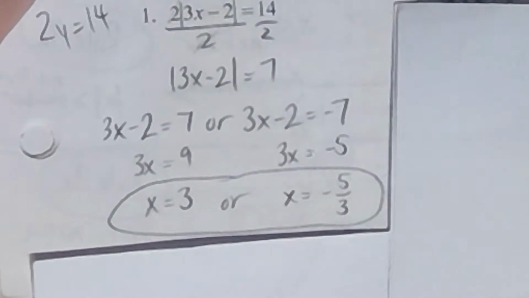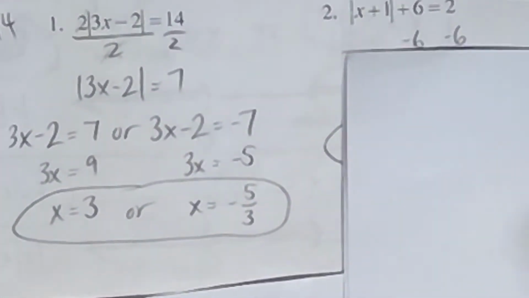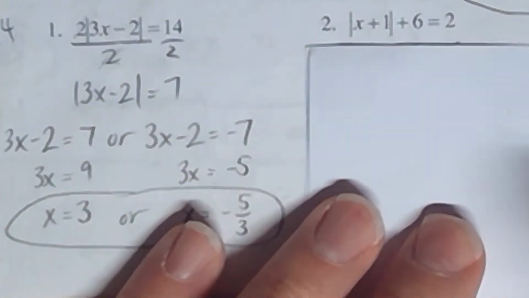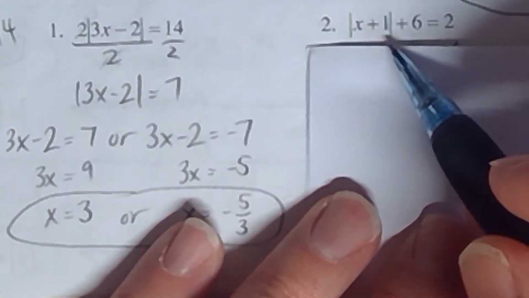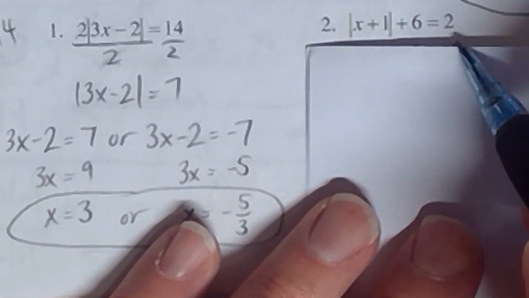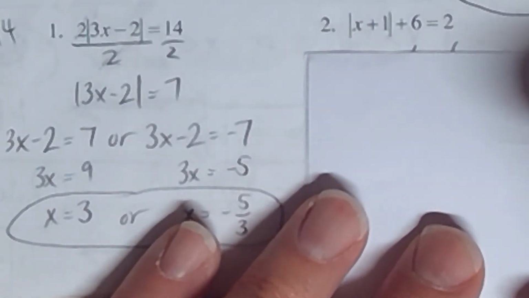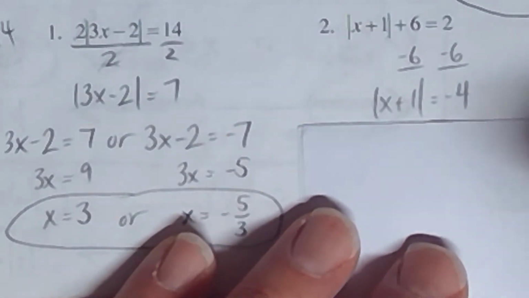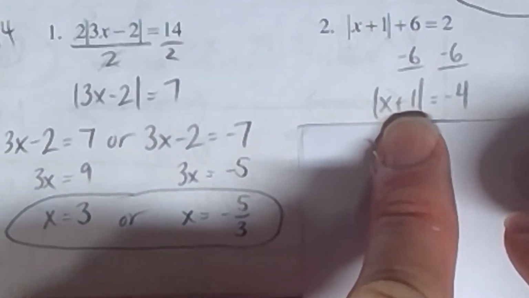Problem number 2. Again, this is similar to if you had a variable plus 6 equal to 2. In that case, you would subtract the 6 over, wouldn't you? And that leads to this unique result right here where you got bars by themselves.